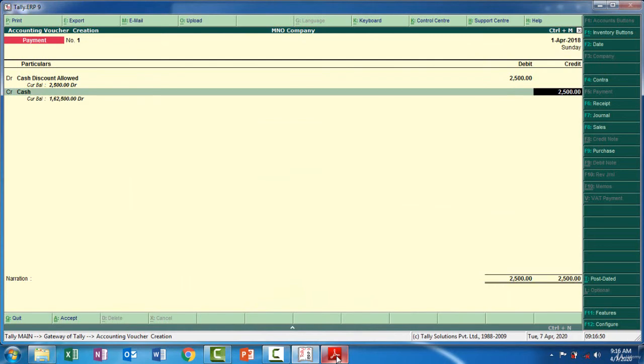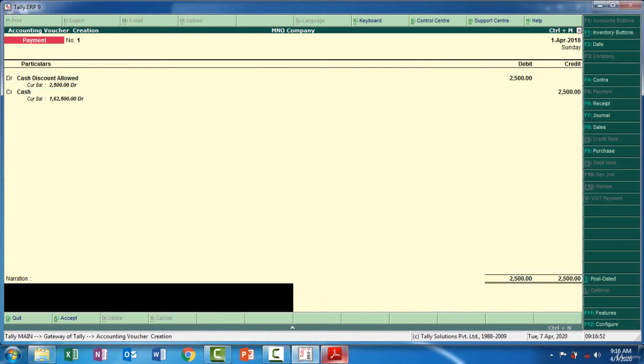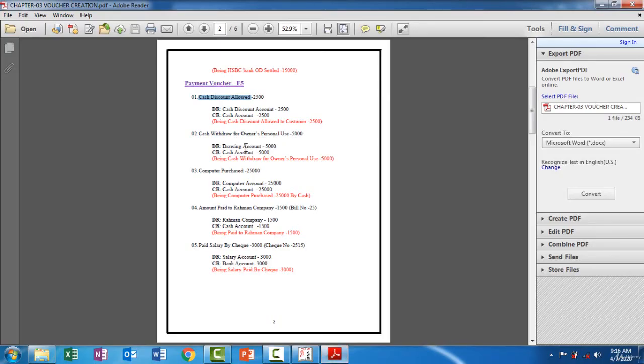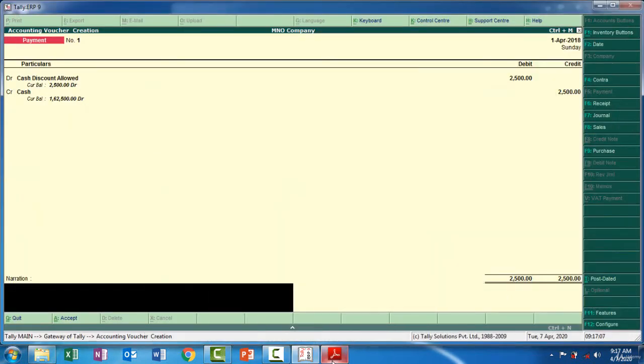So we have to choose the cash account 2,500. So the narration is being cash discount allowed to customer 2,500.